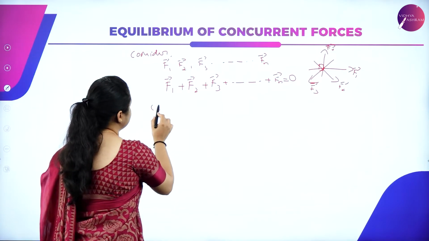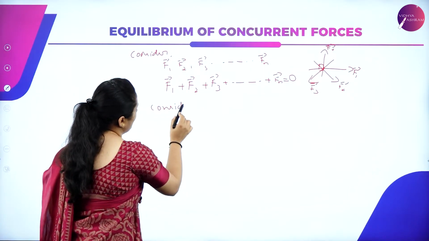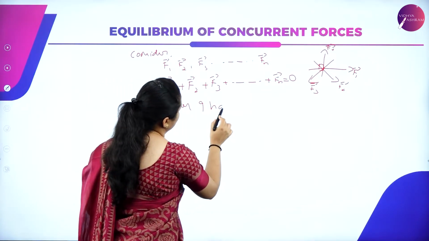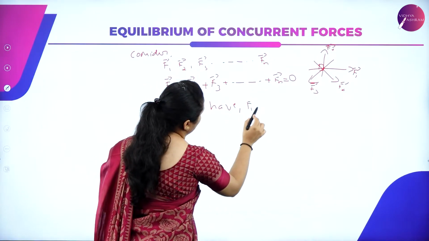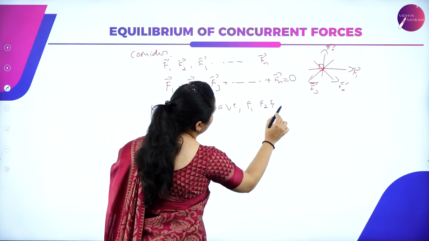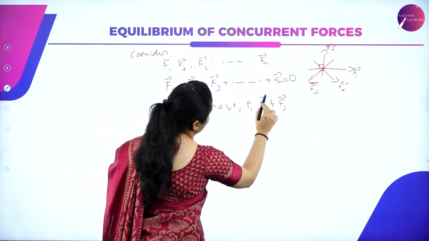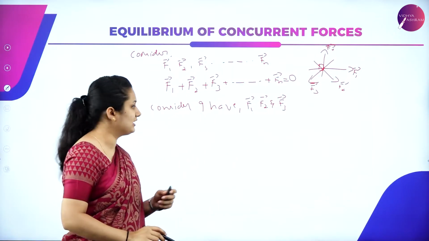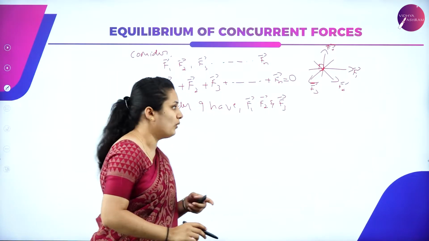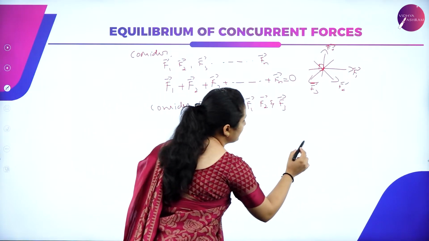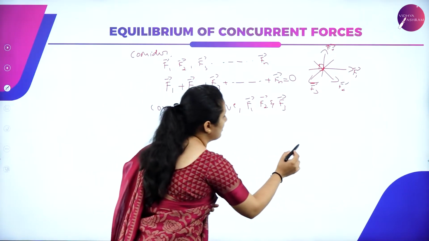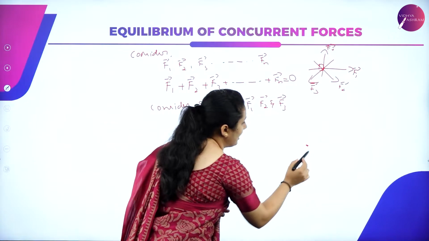Suppose I have 3 forces, F1, F2 and F3. Force is a vector quantity. Consider these as concurrent forces acting on a particle.